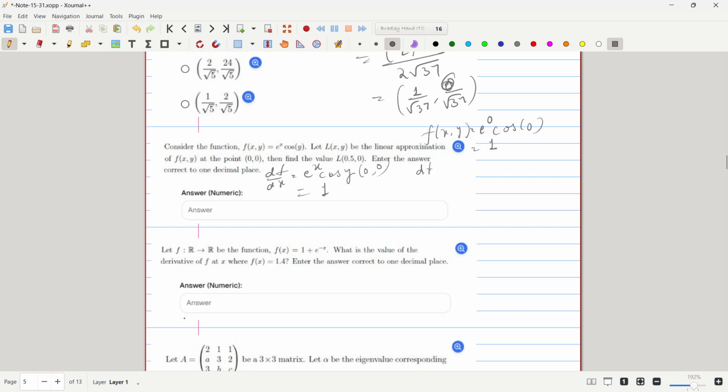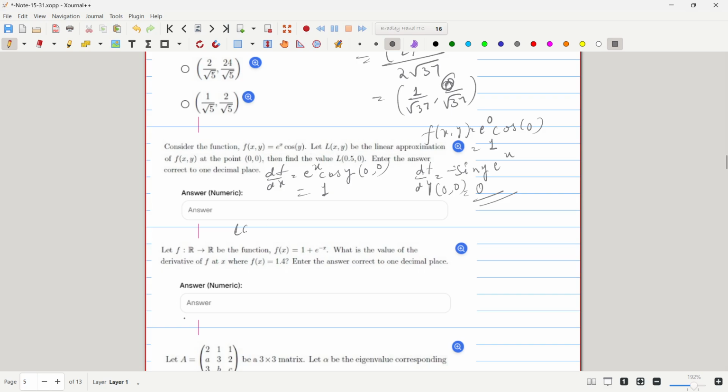Then differentiate it with respect to y. You will get minus sin y times e raised to the power x. Now the gradient at (0, 0): sin 0 is 0, so this will be 0.